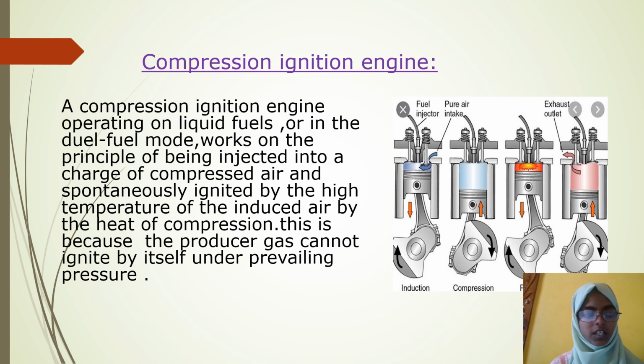The next one is the compression ignition engine. By the diagram, we know how the compression ignition engine works. A compression ignition engine operates on liquid fuels or in dual fuel mode, and works on the principle of fuel being injected into a charge of compressed air and spontaneously ignited by the high temperature of the induced air due to the heat of compression.